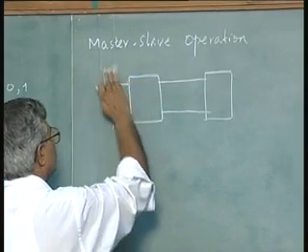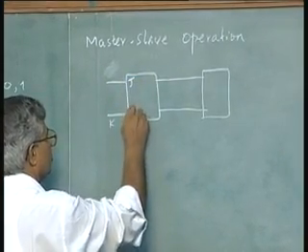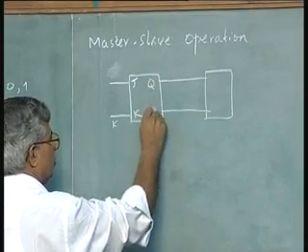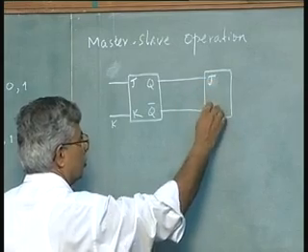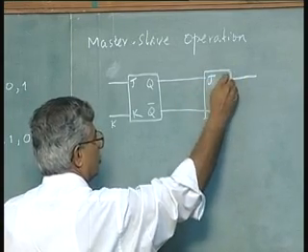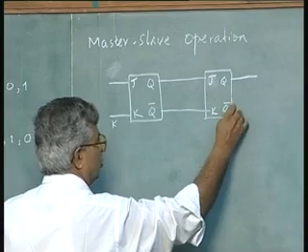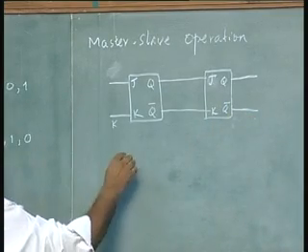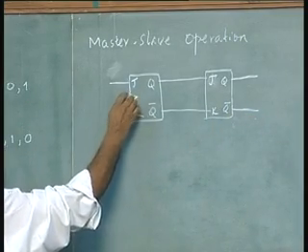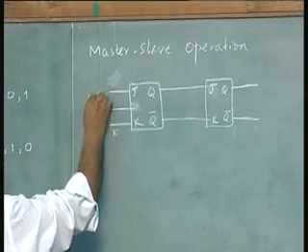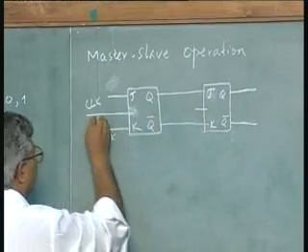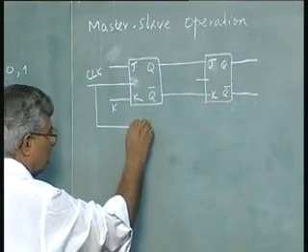The only difference is that I will feed this flip flop with a clock and this one with a clock which is inverted from this clock. It means the clocks are inverted.